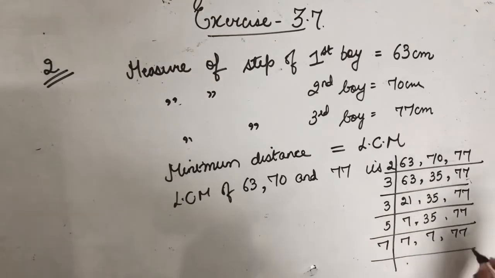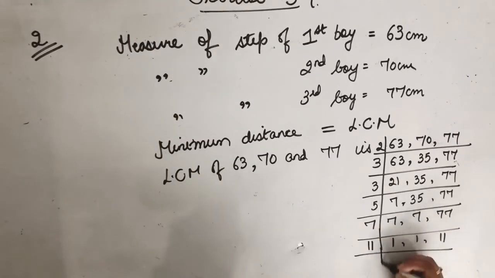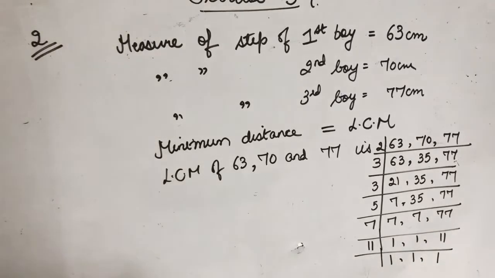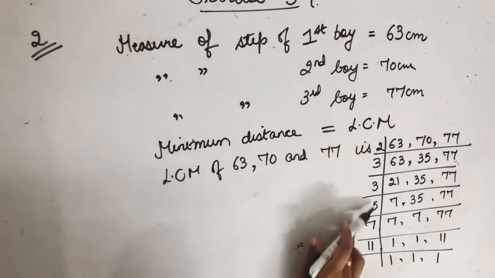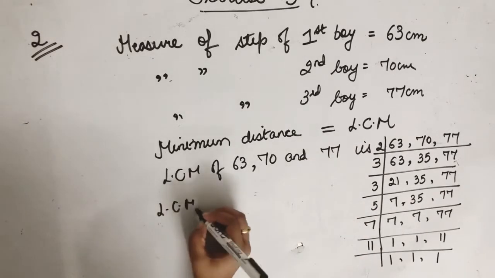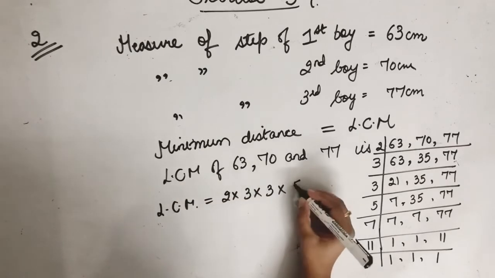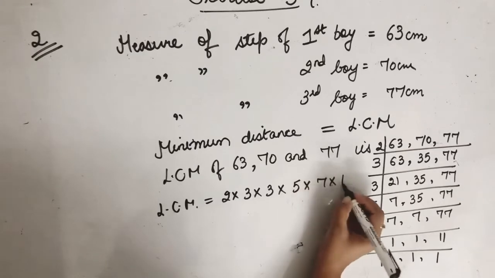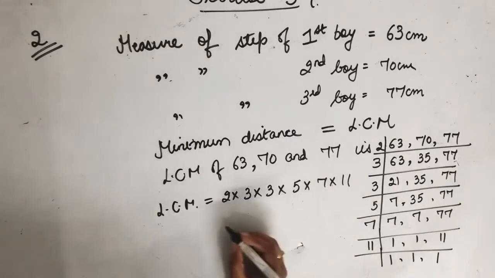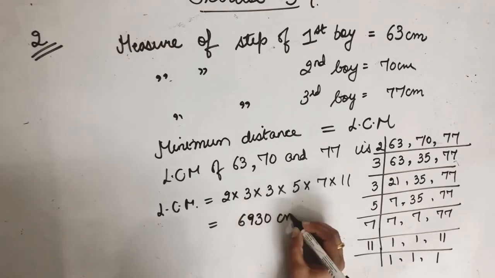Then 7: 1, 1, 11. Last one is 11: 1, 1, 1. The LCM of these three numbers will be the product of these factors. So LCM is equals to 2 into 3 into 3 into 5 into 7 into 11. So the answer is coming 6930 centimeter.